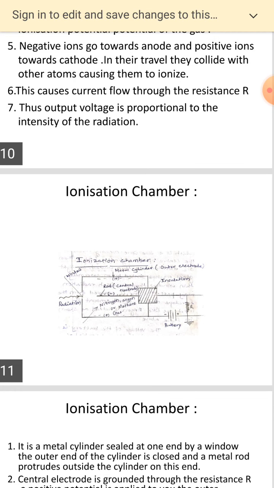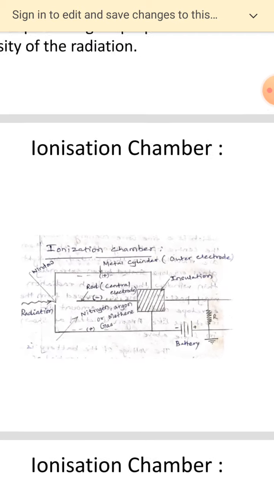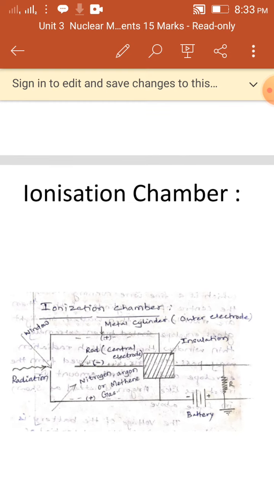Ionization chamber. In the figure we are able to see radiation coming inside. There is a small gap through which radiations have to come inside, and there is a rod which protrudes, which passes through the insulating material, and the rod is acting as one electrode and the two metal cylinders acting as another.